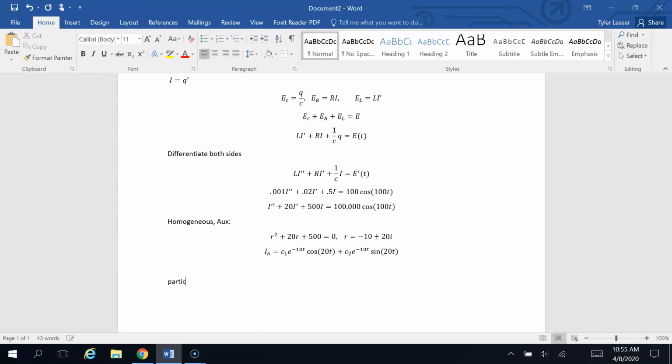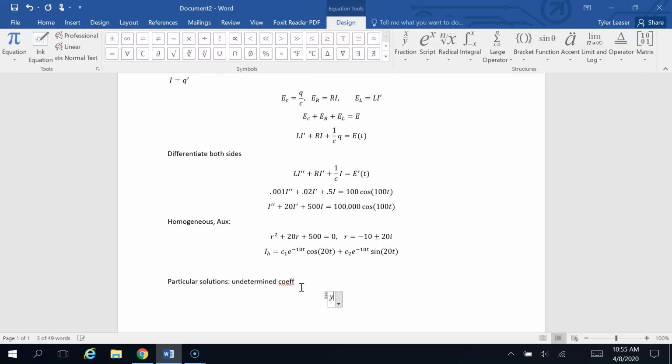Okay. Then we have to find the particular solution. Since we have a function on the other side, we're going to use the undetermined coefficients thing here, which means that we need to come up with a potential particular solution. On the right-hand side of my differential equation, we have this, 100,000 cosine 100t.